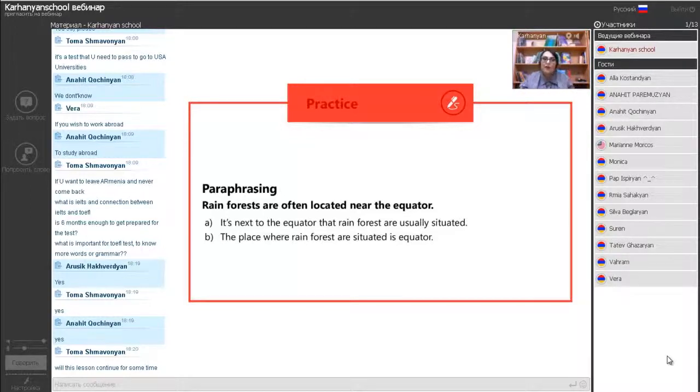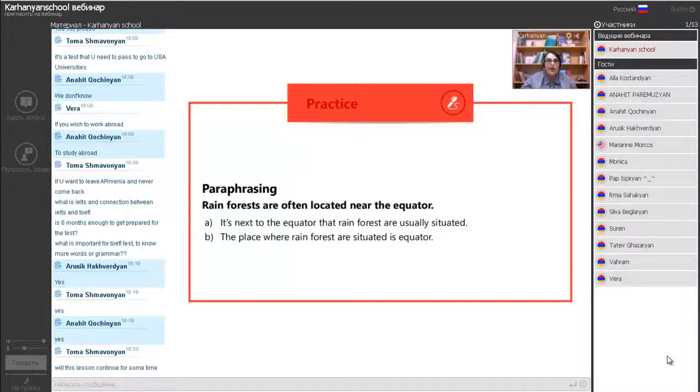One of them is not complete, something is missing, and the other has all the information that is in the sentence. So while paraphrasing, we need to give all the information that is in the sentence, okay? And after that, I'll tell how summarizing is different.